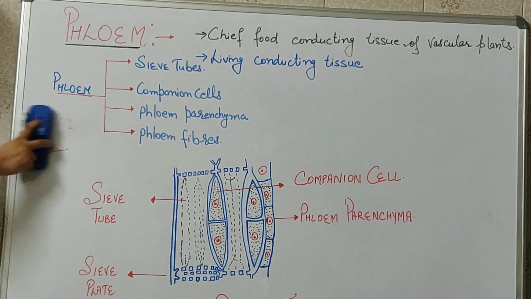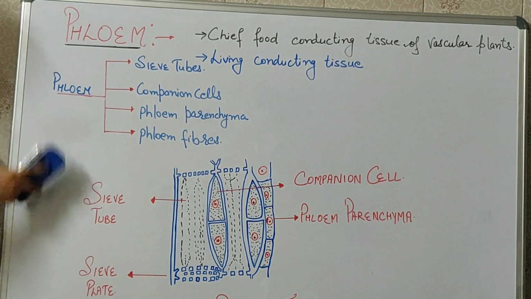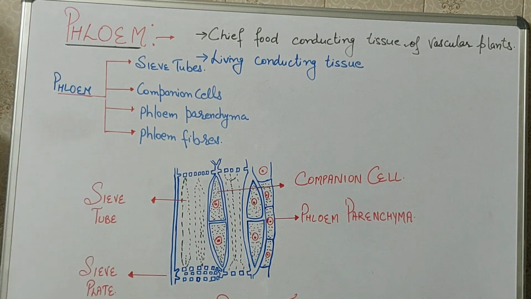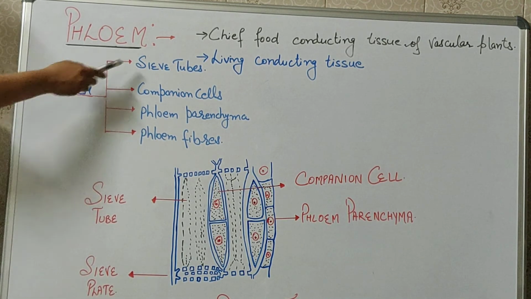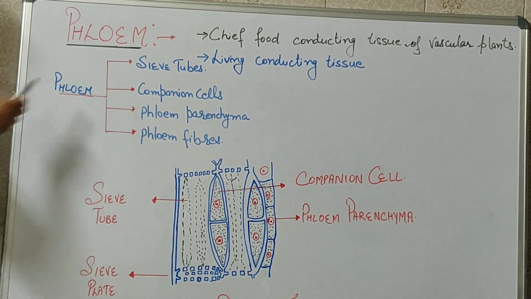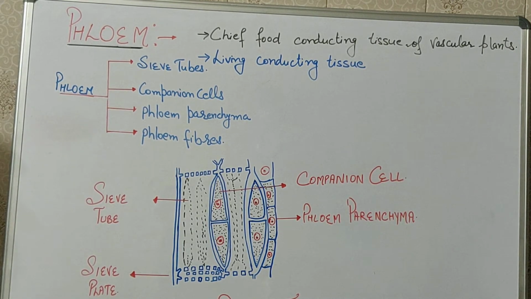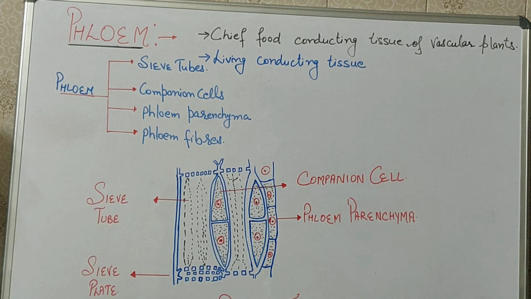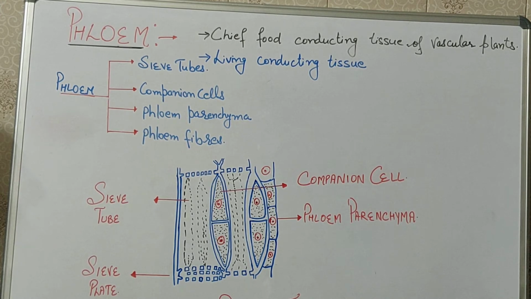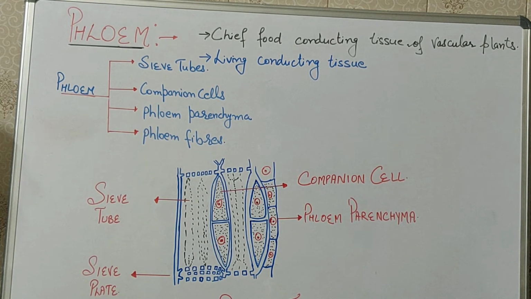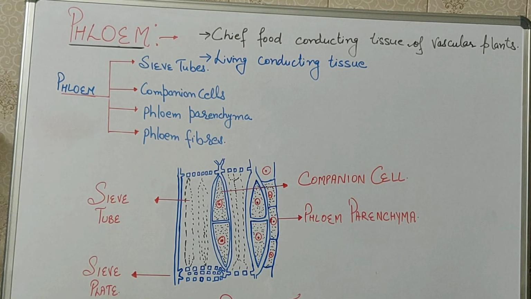In this diagram, sieve tubes are shown. This is a section of phloem tissue which shows sieve tube, companion cells as well as phloem parenchyma. So let's start with sieve tube. Sieve tubes are long tubular conducting channels which are formed by several cells called sieve tube elements.